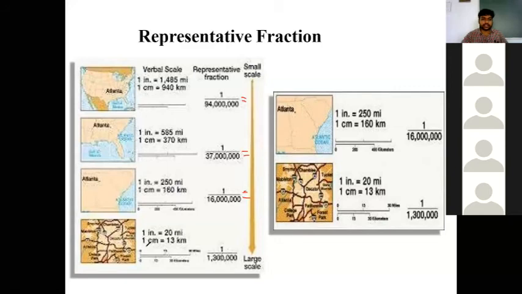Similarly, last, 1 centimeter is equal to 13 kilometer. Compared to this, the denominator is decreasing, and the final value will be large. So if you compare small to large, this is how it works. If the scale is small, we have larger lengths. If the scale is large, your length will be very small.